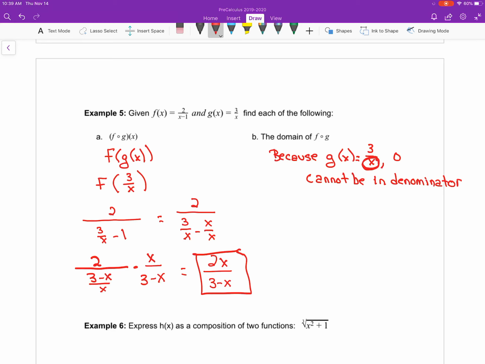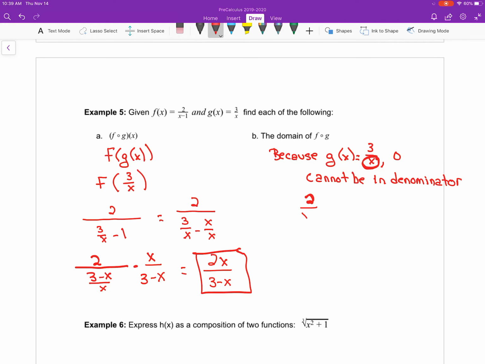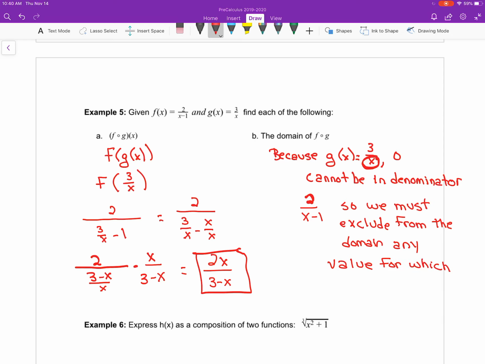The other thing we need to exclude, we've got 2 over x minus 1. So we must exclude from the domain any value for which g of x is equal to 1.